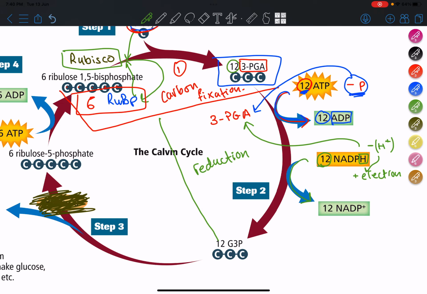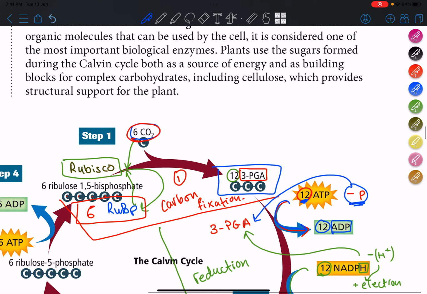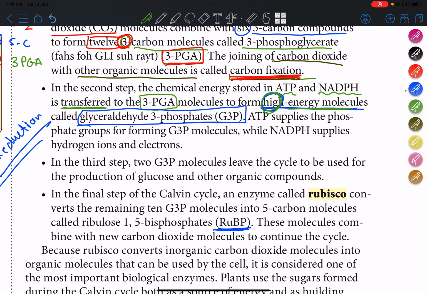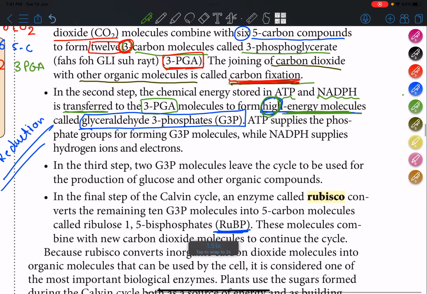What's the product of reduction? The product of reduction is 12 molecules of G3P. Let's not forget G3P is a high energy molecule called glycerate 3-phosphate or G3P.